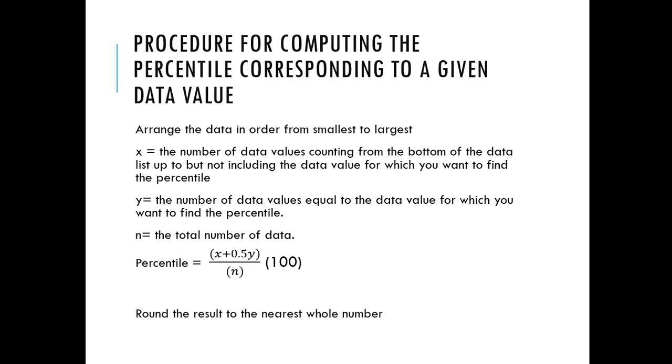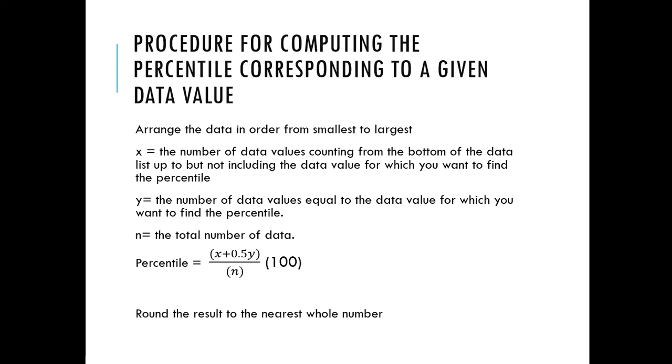The next one you have to look at is the procedure for computing the percentile given a data value. Here's the formula. To get the percentile, I have to do X, which is the number of data values counting from the bottom of the data up to, but not including, the data value which you want to find the percentile of. You're like, what does that mean?